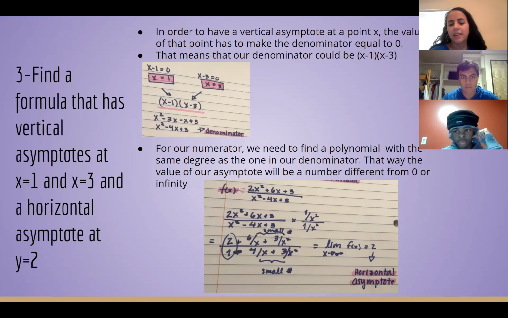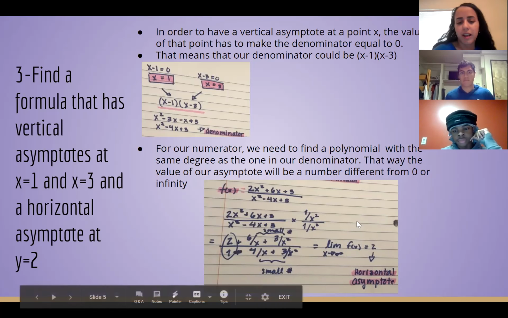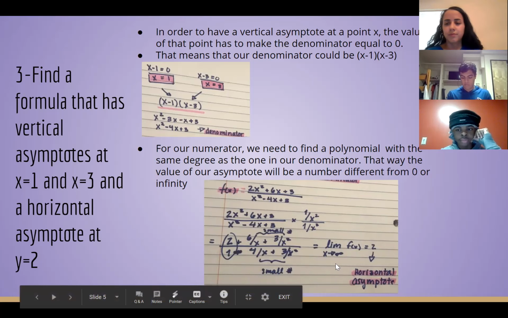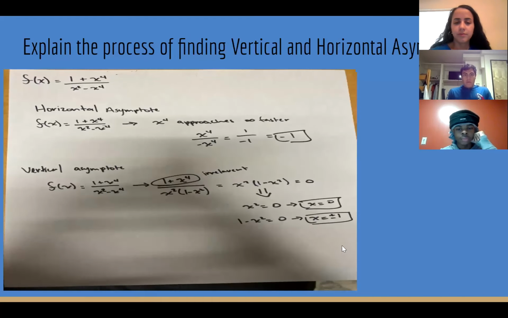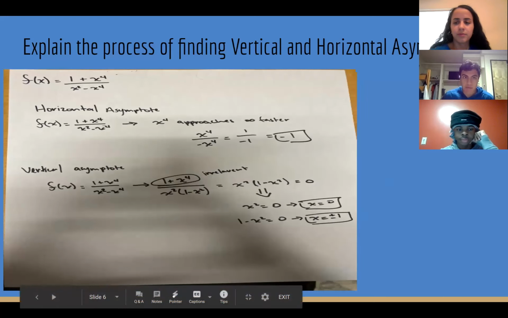So the limit as x approaches infinity of f of x is just 2. That would be our horizontal asymptote, y equals 2.